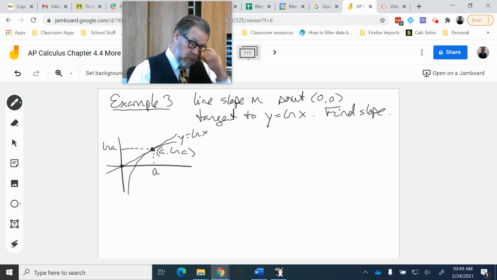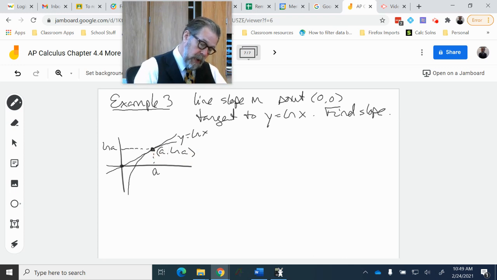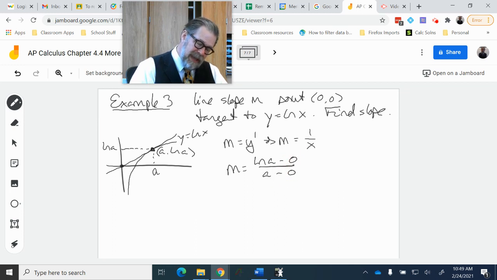So what do I know about the slope? Well, I know that the slope is equal to y prime, which means that the slope is equal to 1 over x. I also know that the slope of that little line segment is equal to natural log of a minus 0 divided by a minus 0. And since I'm dealing with the point (a, natural log of a), I know that this is equal to 1 over a.